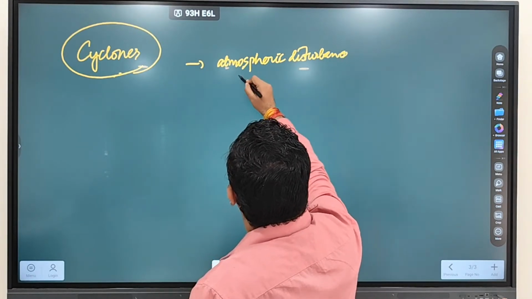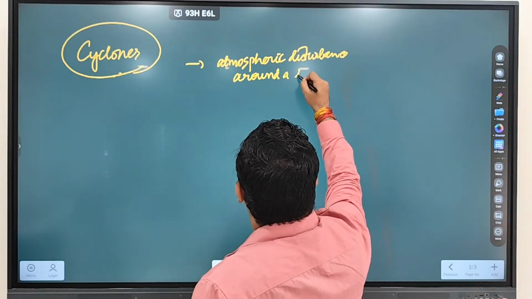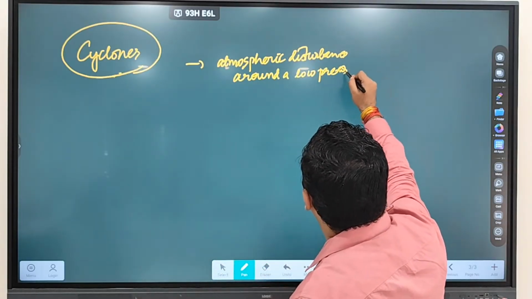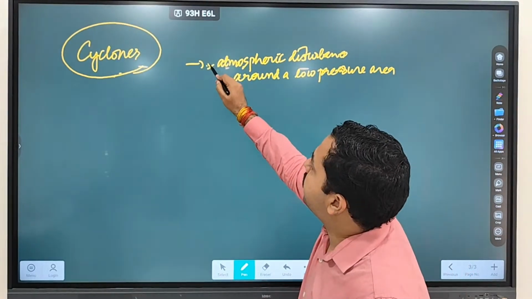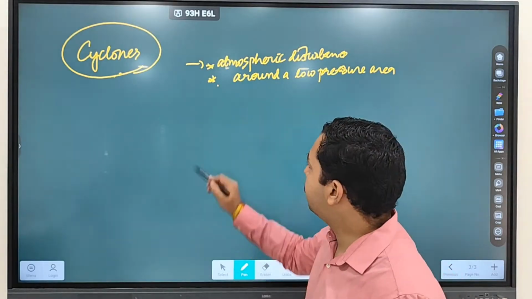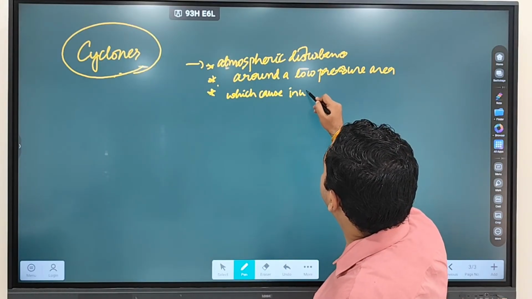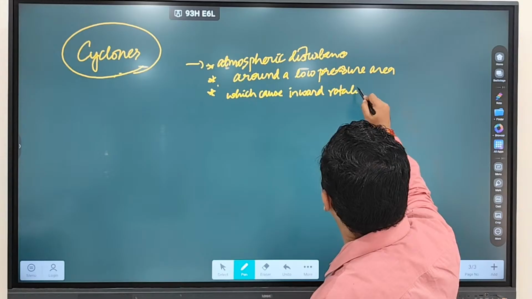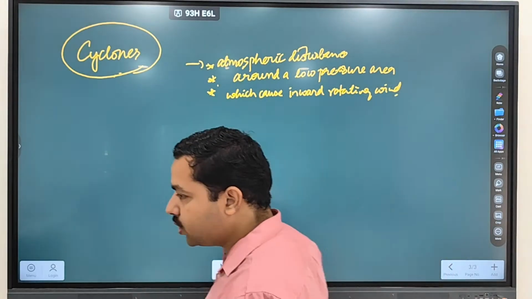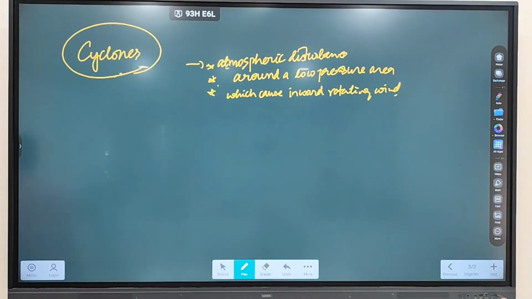Atmospheric disturbances around a low pressure area, which cause inward rotating winds. So cyclones are defined as atmospheric disturbances around a low pressure area which cause inward circulation of wind. Clear?